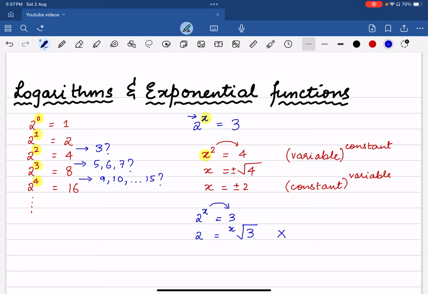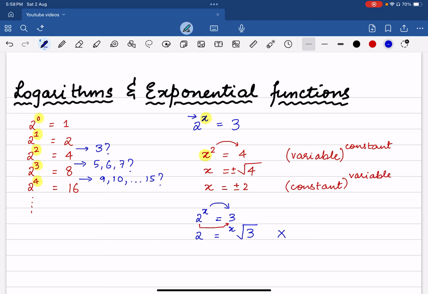That's the reason he thought, the guy who was interested in all of this, that there has to be a way to work this out. And that is when it struck him that instead of taking the x on the other side, can I rather take the 2 on the other side?